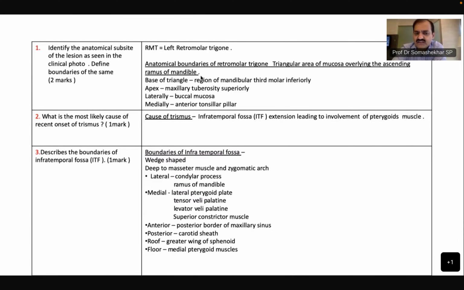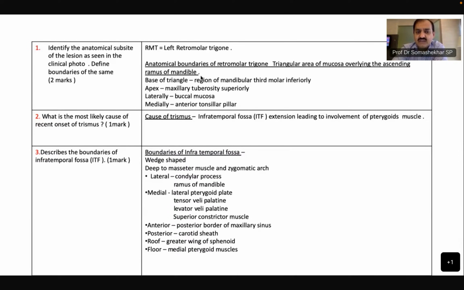So it is attached to the lateral pterygoid plate only, and medially tensor veli palatini, levator veli palatini, superior constrictor. This is the medial boundary. Remember, the tongue has intrinsic muscles and extrinsic muscles. All the intrinsic muscles are supplied by the hypoglossal. All the extrinsic muscles are supplied by the hypoglossal except palatoglossus, which is supplied by the glossopharyngeal and vagus complex.